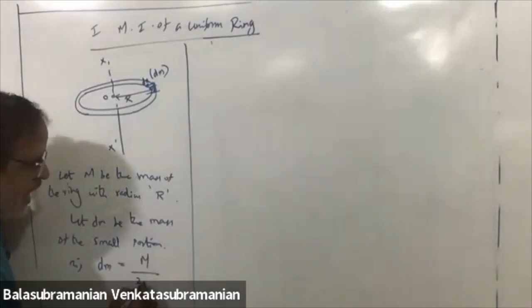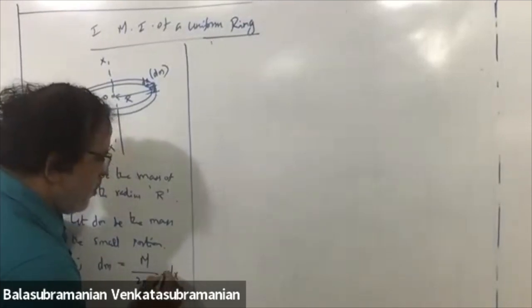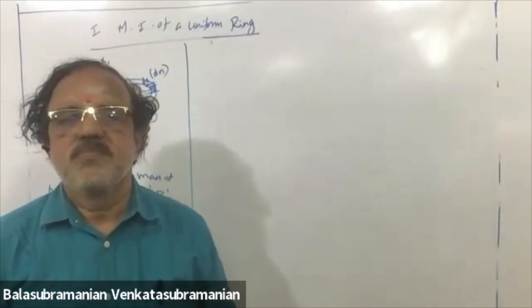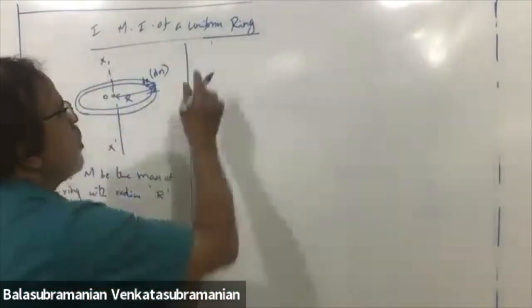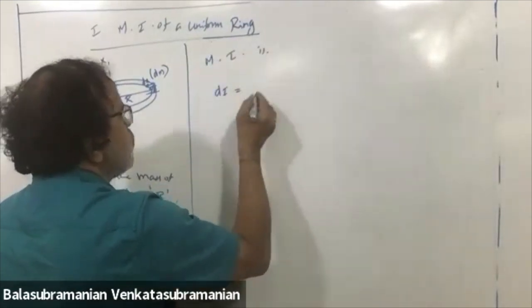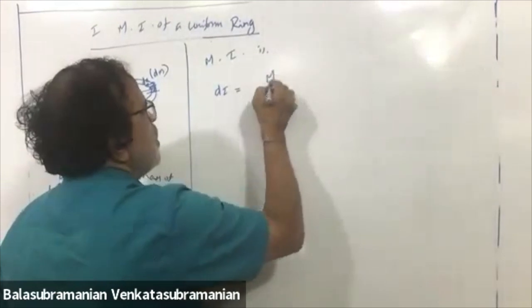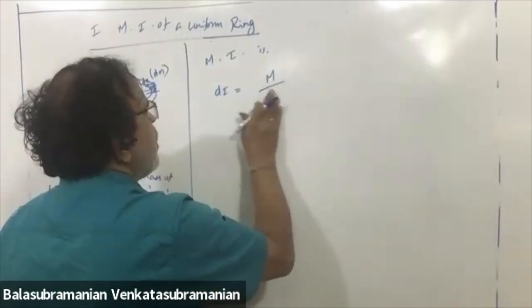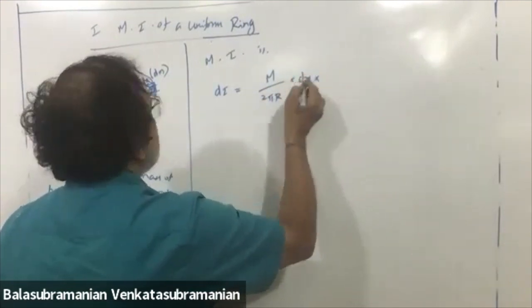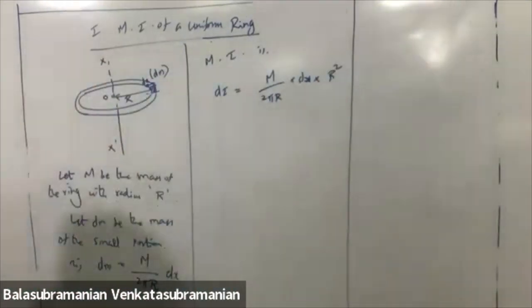So M by L, L here is 2 pi r, into the length you want, dx. Therefore, moment of inertia dI is equal to mass into distance square. What is mass? M by 2 pi r into dx, into distance from the axis of rotation, r square.